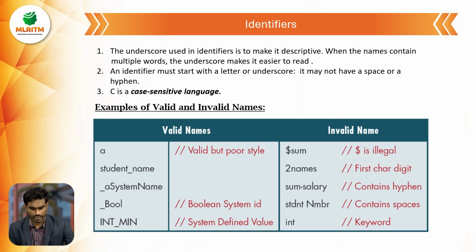Here, valid identifiers: A is valid. Student underscore name is valid. Underscore A system name is valid. Boolean is valid. Int main is valid. This is a case sensitive language, so you can use uppercase letters and also lowercase letters. Next, special characters are not allowed in the identifier name.